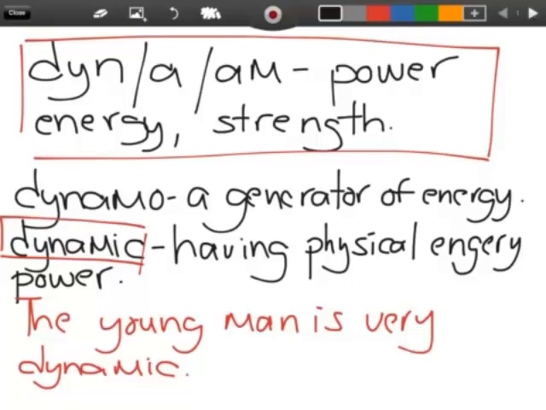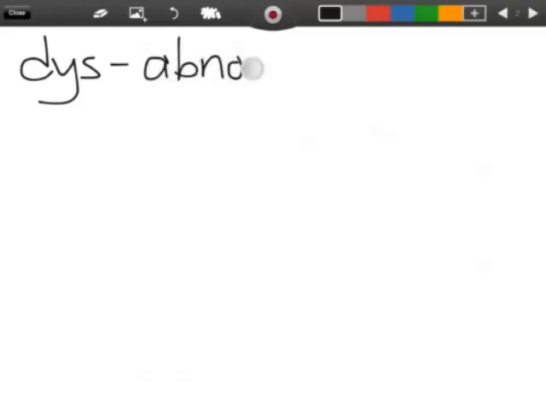Moving on to our second root, dys, meaning abnormal, bad.